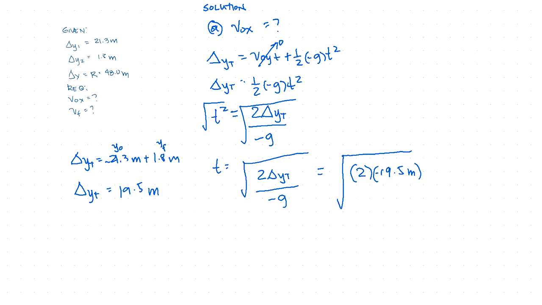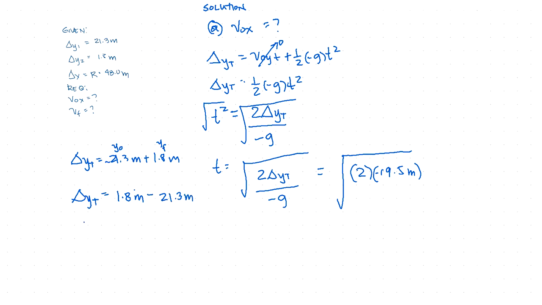So, pag ginawa natin yung long cut, no, pag hindi natin shortcut yung solution, we can get the total displacement. So, it's 1.8 meters minus 21.3 meters.